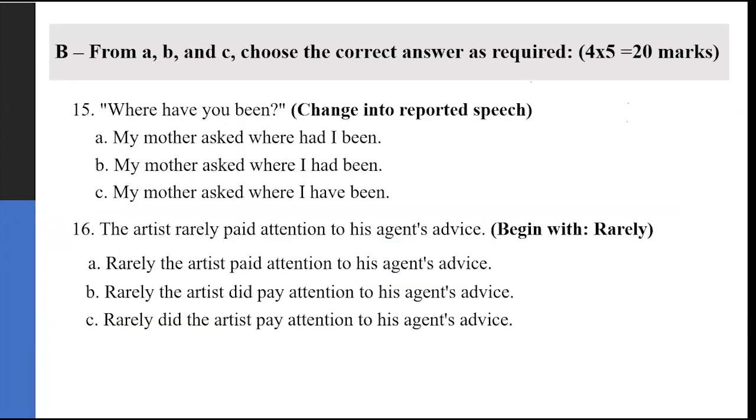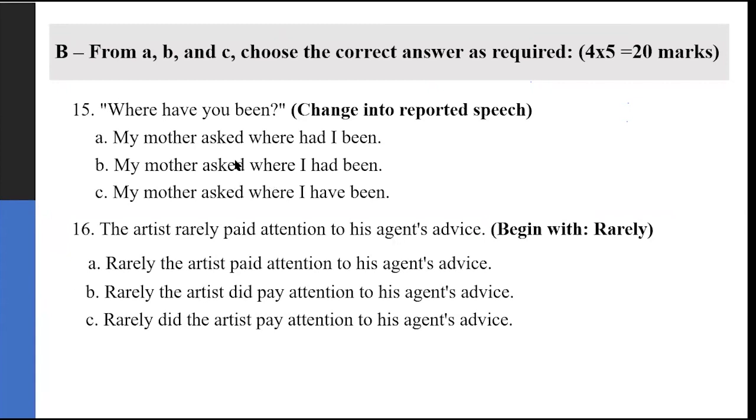Okay. Next, we have reported speech, the first thing we explained in Unit 7, the two types of reported questions. So, who would like to answer this question? Yes, Modi, would you like to try? My mother asked where I had been.